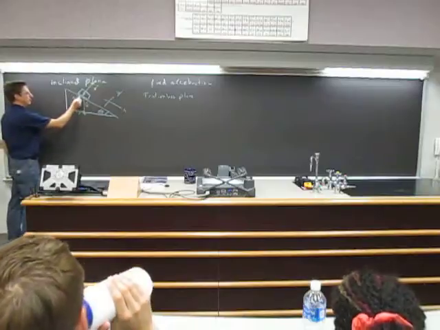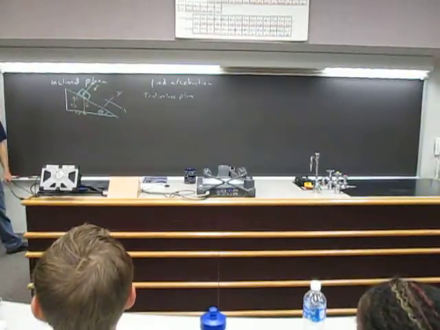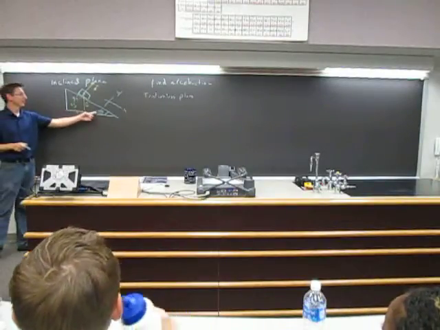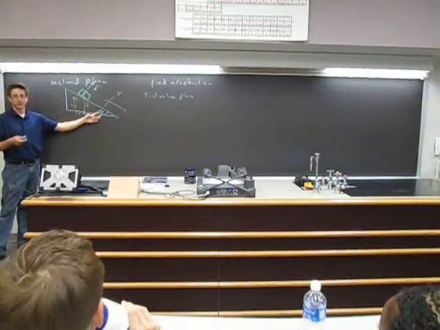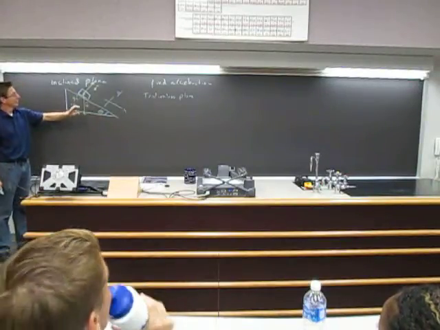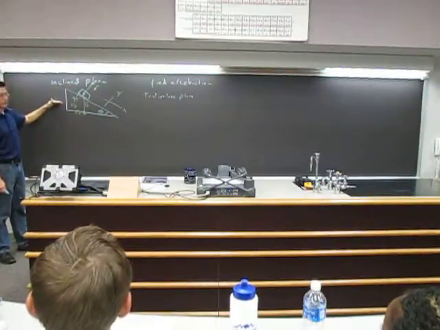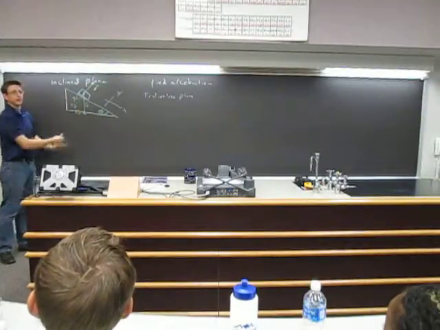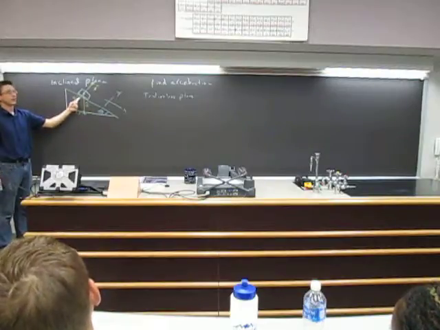If only we knew what this angle was, we would be all good. You can sort of guess that it's the same angle. Now we'll do a proof of this. But you can sort of guess that as I move this angle down, this angle would also move down. Maybe you can see that if this angle were 0, this would be 0.